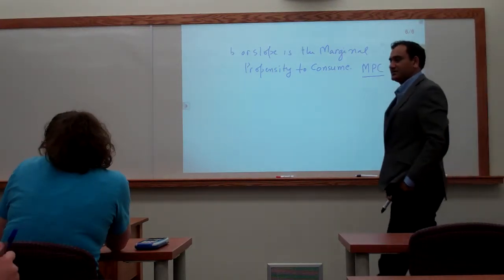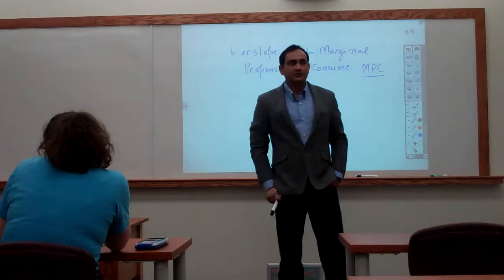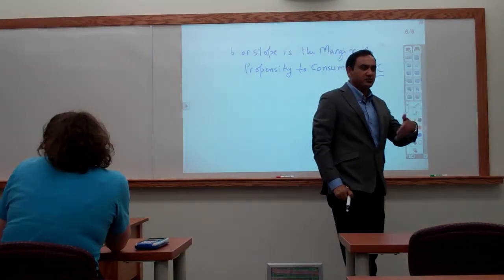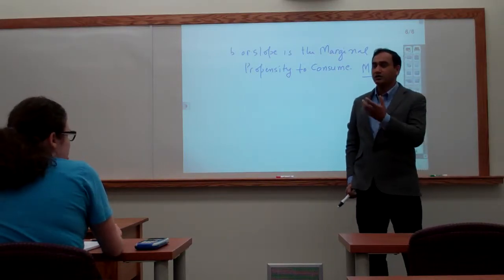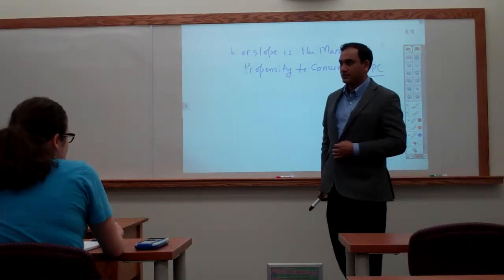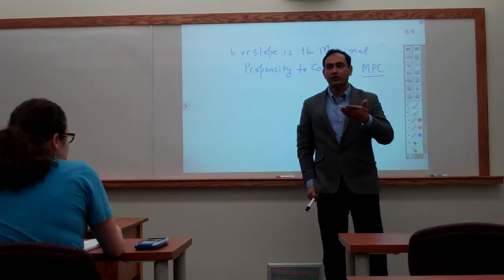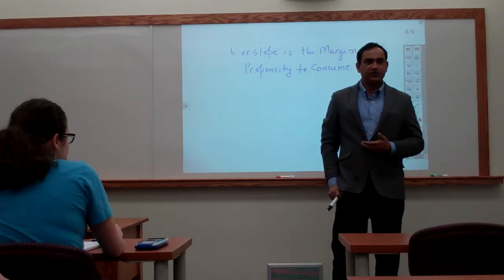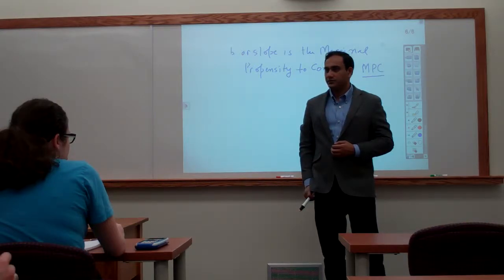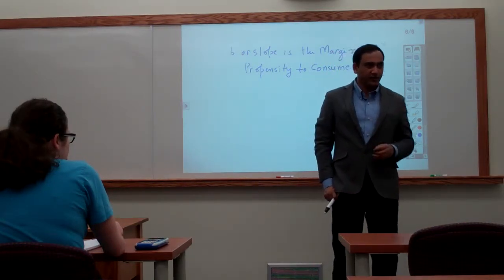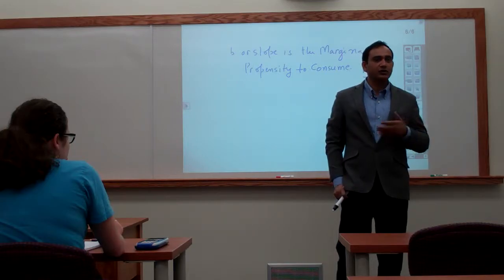What it means in simple words is that if a consumer's income goes up by $1, let's say, so you earn $1 extra, how much of that extra dollar you consume is the marginal propensity to consume. So I give you $1 extra in income. What fraction of that extra dollar do you consume?